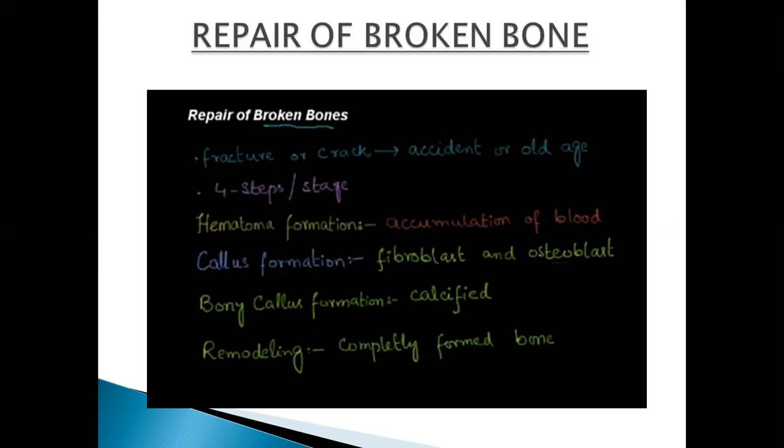Capillaries grow into the hematoma and phagocytic cells invade the area and clear up the debris. As you know, in the blood clotted area there were broken vessels and some debris. It is all cleared in this callus formation step that takes place in 3 to 4 weeks of the injury.